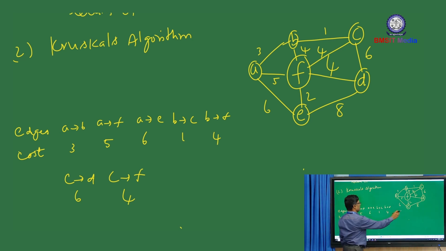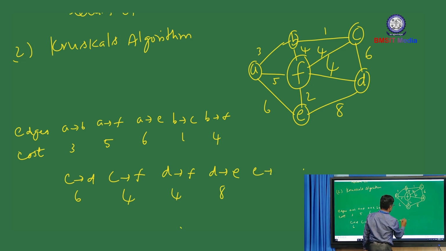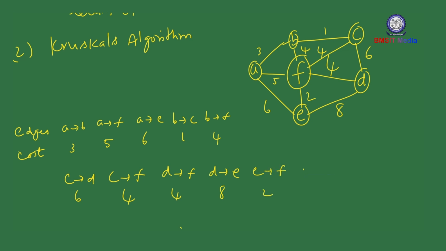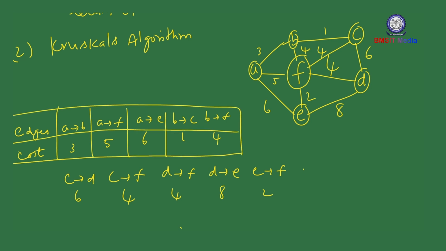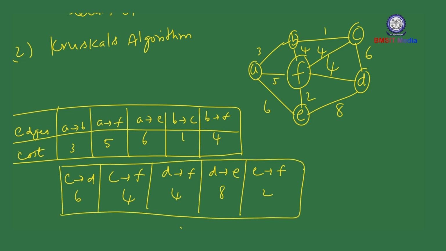Next, from D, D to C you have written, D to F is remaining. D to F is 4. Next, D to E, write it also, 8. Next, E to F. E to F is 2. So the first step is this one.